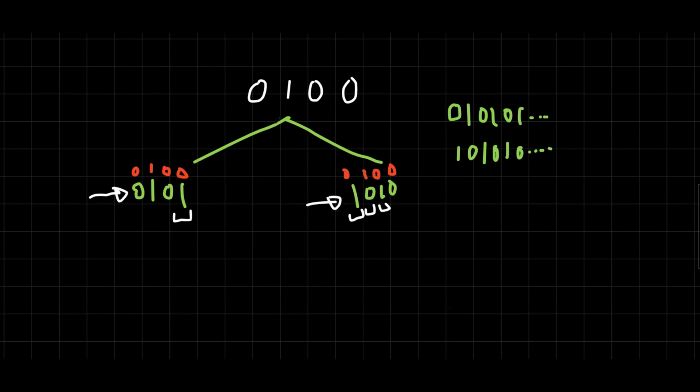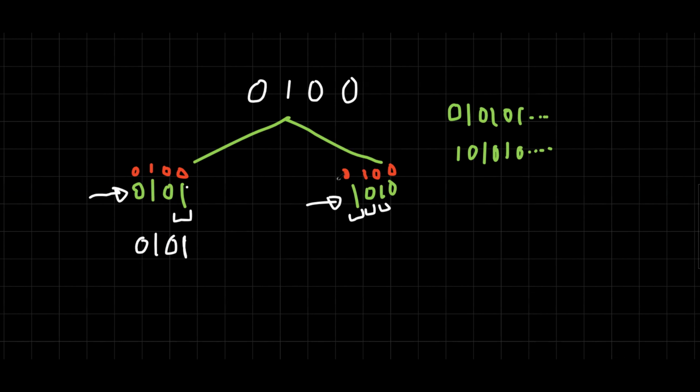So if we want to make the string 0100 become 0101, we have to make one change. That means we can change this 1 to 0, or we can change this 0 to 1. So here we are changing just one element. But if we want to make the string 0100 become 1010, we have to make three changes.